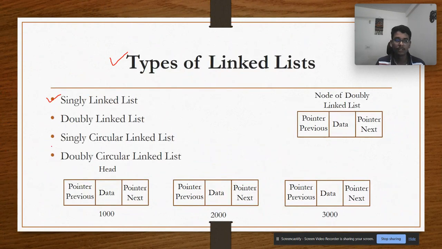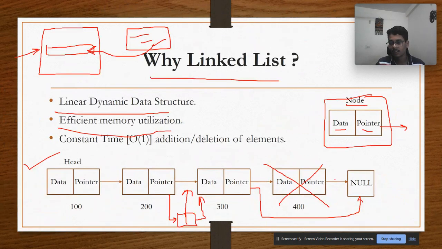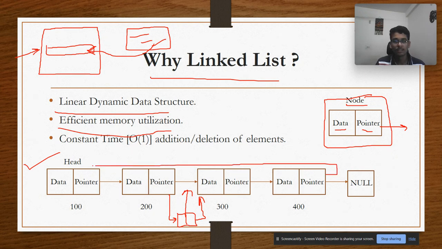Second comes the singly circular linked list, which is a counterpart of singly linked list, with the only difference being that the last element is redirected towards the head instead of pointing towards the null. This creates a singly circular linked list.